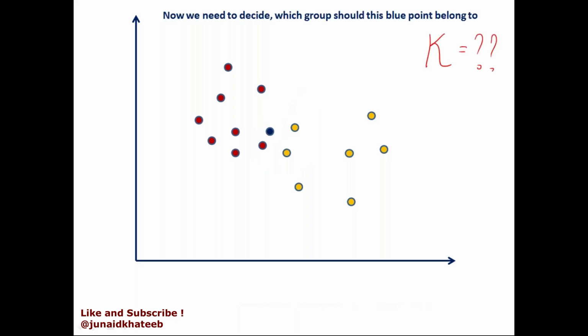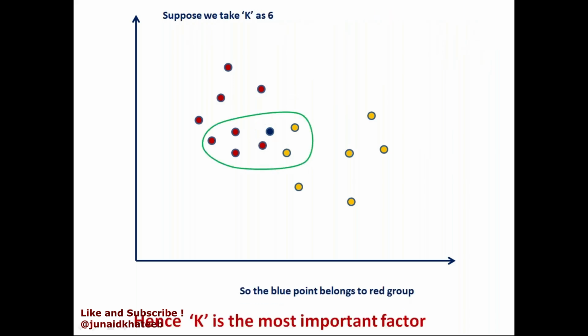But now, say this was the initial diagram. Suppose I decide the value of k as 5. That means I'm going to check the distance of this particular point from the 5 nearest neighbors. Oh, sorry, suppose I take the value of k as 6.